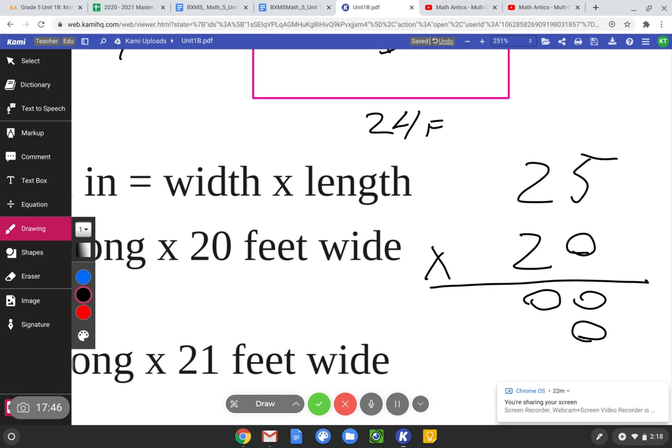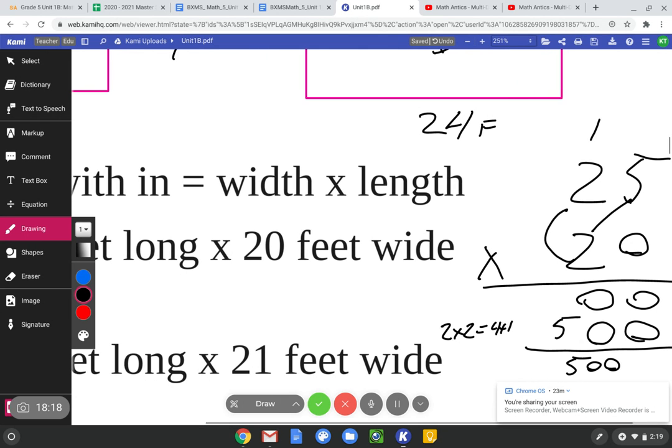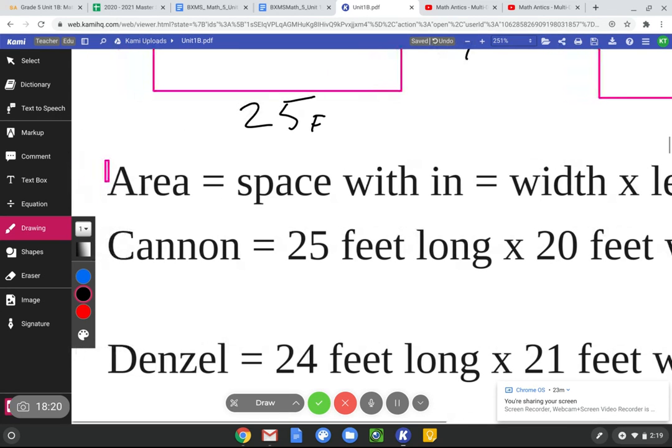So now we're in the tens. 2 times 5 equals 10. But this 1 is going to be in the way, so I'm going to put it in the addit. 2 times 2 equals 4 plus 1 equals 5. So the total area for Cannon's rug would be 500 feet.